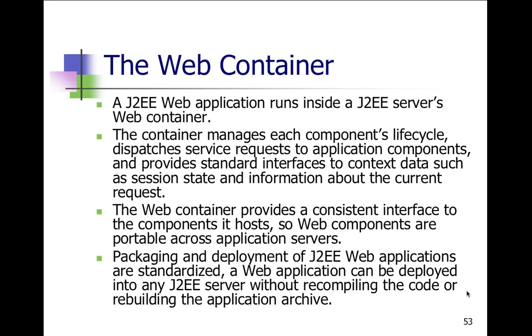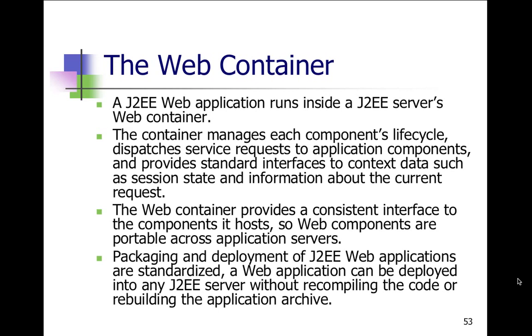So the container manages the component lifecycle, dispatches service requests to application components, and provides standard interfaces for data, such as session data, information about the current requests, and things of that nature. It retains state of objects as well. So the web container provides the consistent interface and the components that it's going to host, depending upon what's loaded.